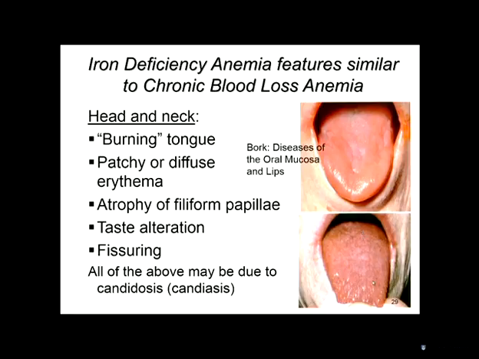But it means you have deeper grooves in the tongue, so it sometimes will even look like cobblestone because of the deep grooves. And that's what we call fissuring. And that has to do also with various forms of irritation, which tend to occur much more significantly when a patient is anemic.